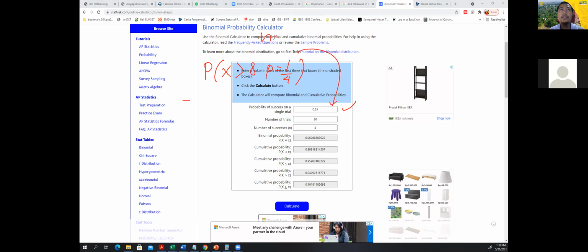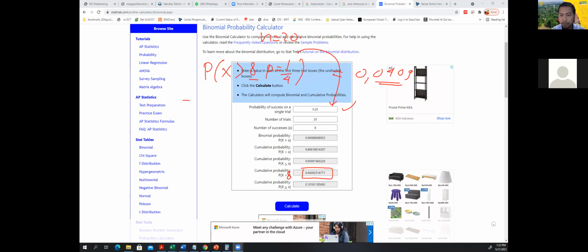And n is 20, that is correct, and then this one, x greater than 8. This is where the x is. So you can pick up this result. The probability is 0.0409. Okay, it's clear, yeah.